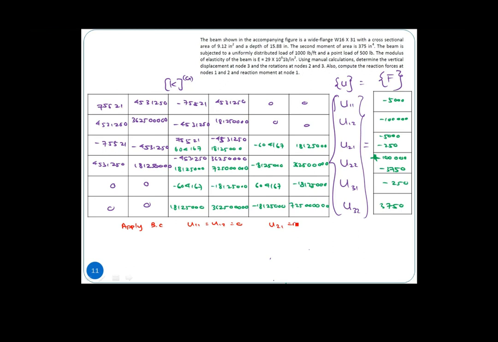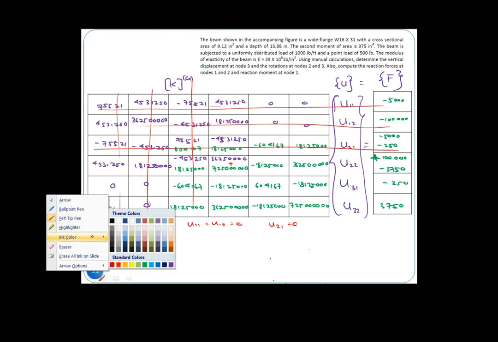So the first 3 rows and columns can be ignored in this case. So you do not really need to write these. So we end up with just a 3 times 3 matrix.